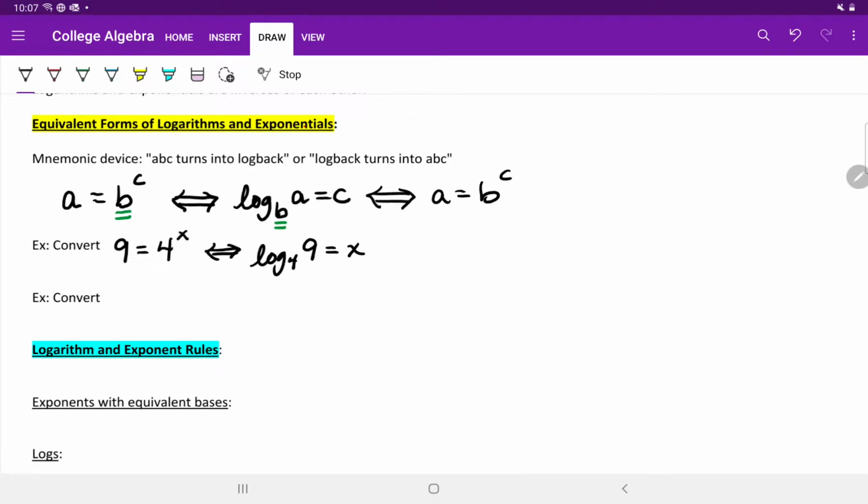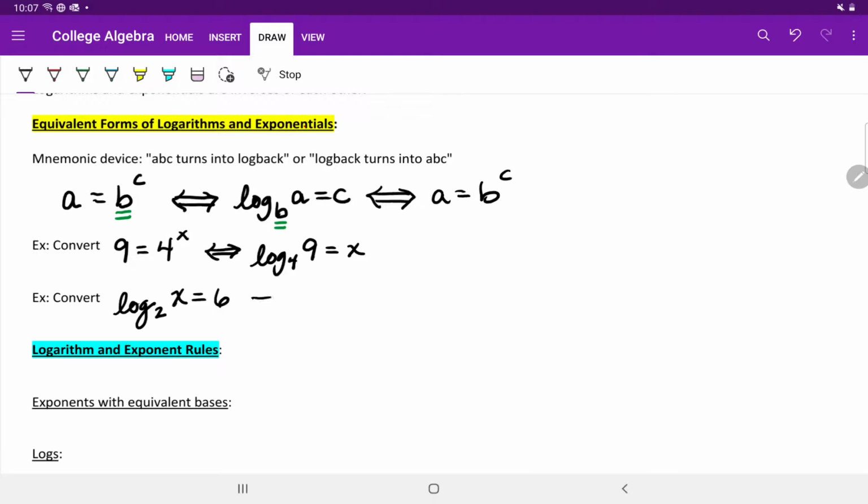We can work these problems in the opposite direction as well. Let's say I had log base 2 of x equals 6, and I wanted to solve for x.